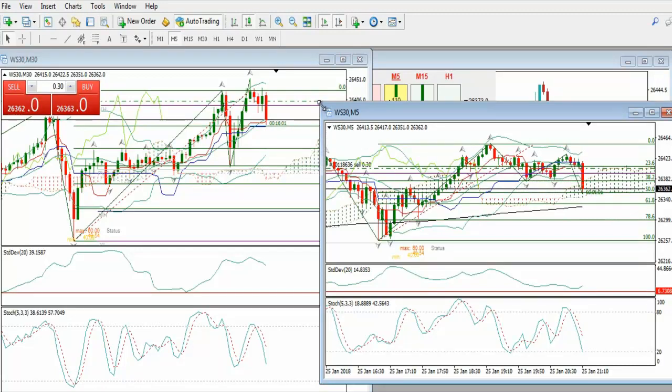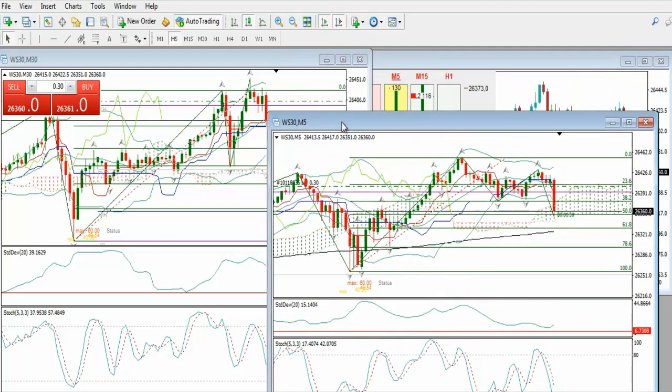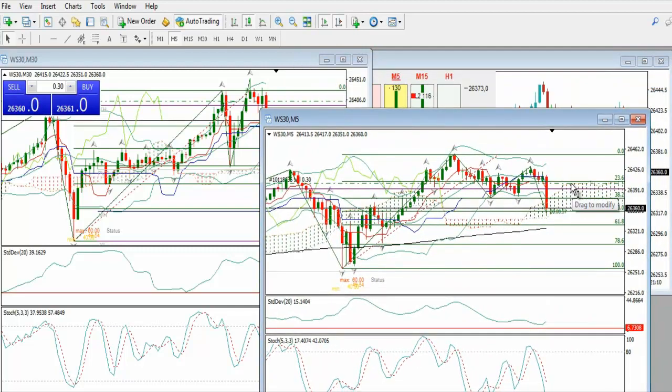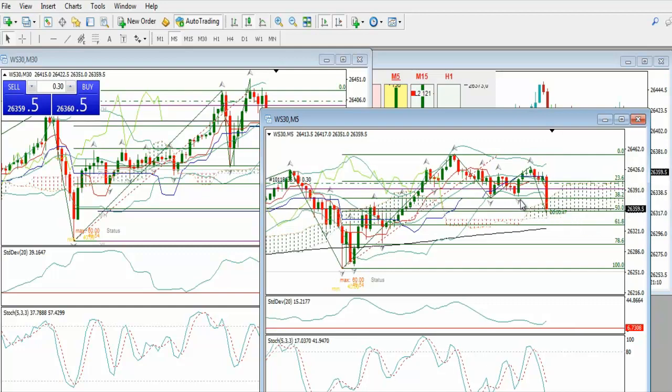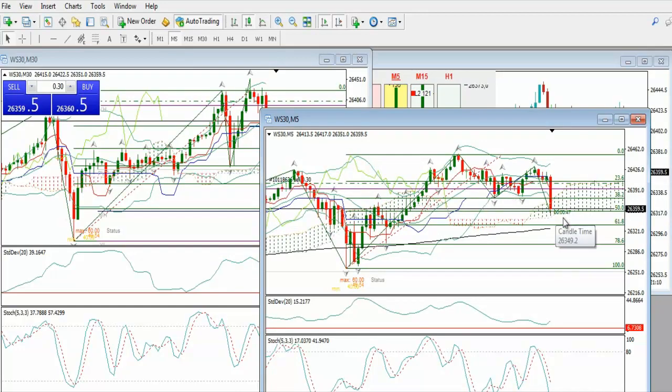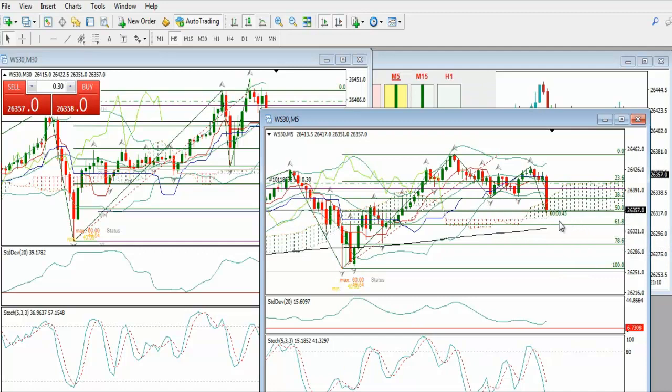I opened my position right there at 402, and now we are at 55. That's almost 40 pips.